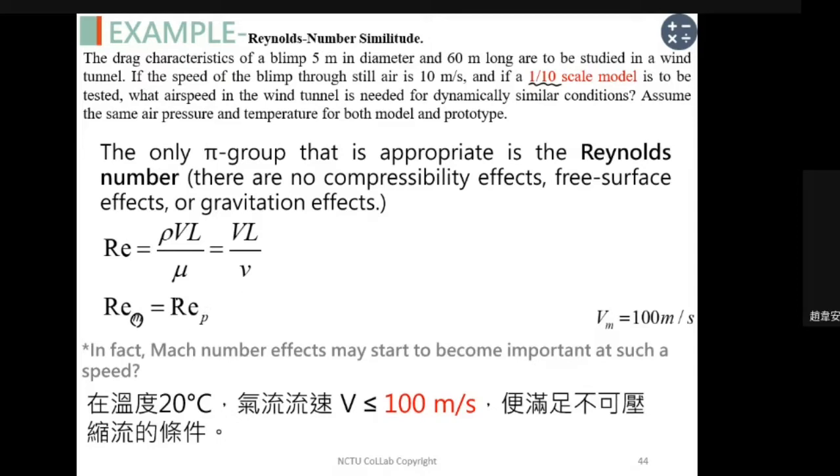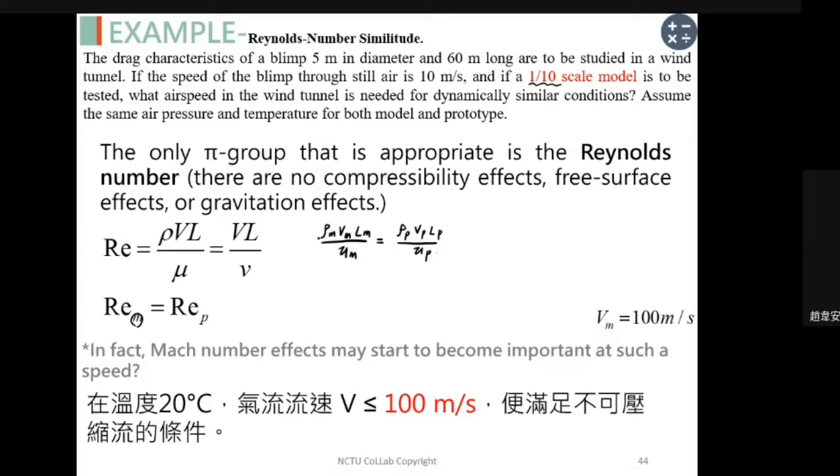And based on this dynamic similitude, we know that rho_m V_m L_m divided by mu_m is equal to rho_p V_p L_p divided by mu_p. And we consider the problem as an incompressible fluid.